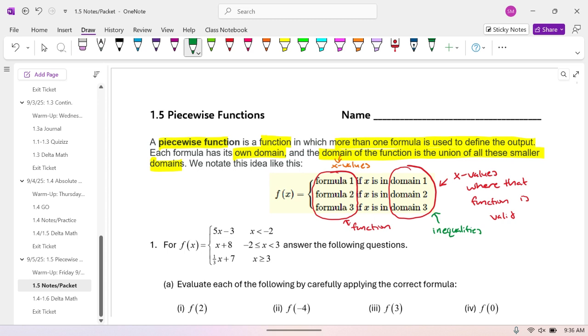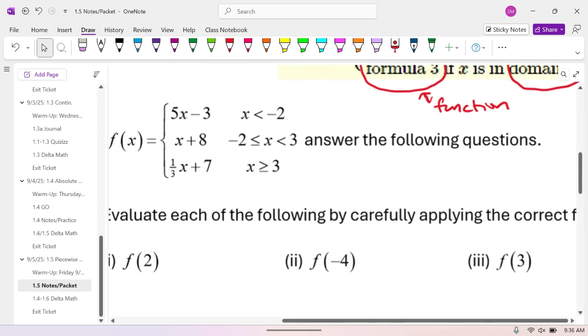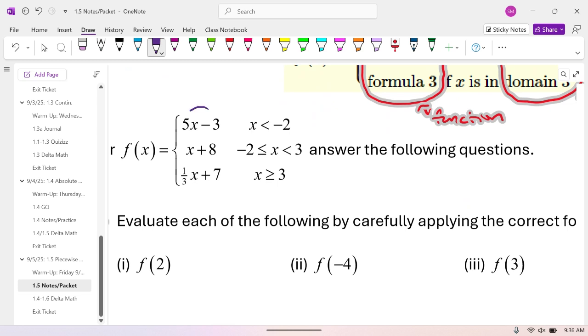Now, let's actually look at an example, and I'll show you how to read this. So look at example 1. This is the piecewise function. These are the 3 formulas.